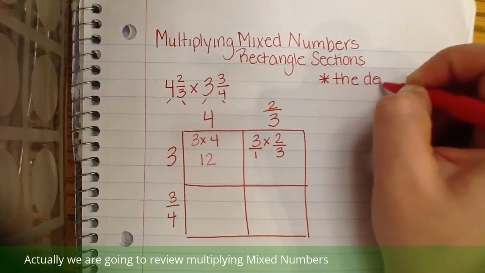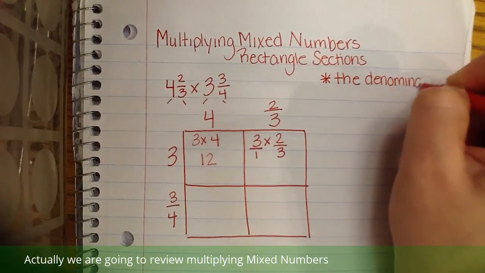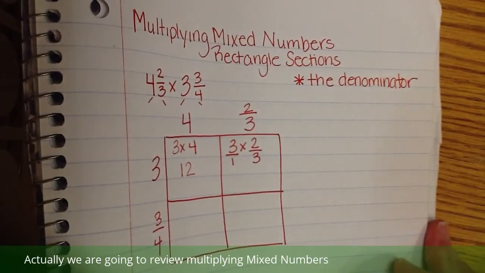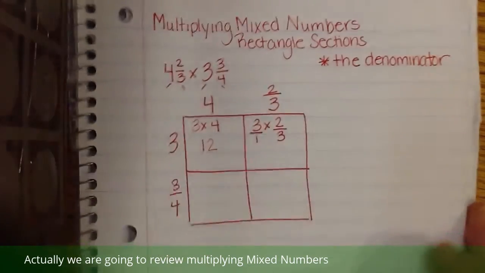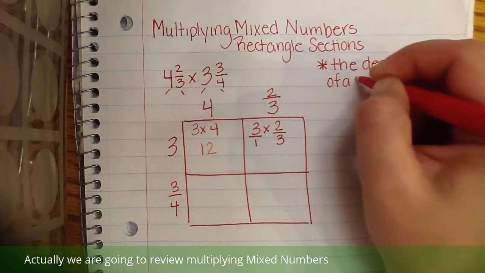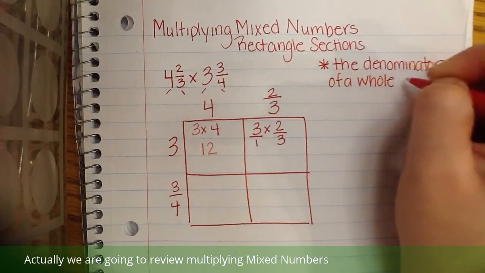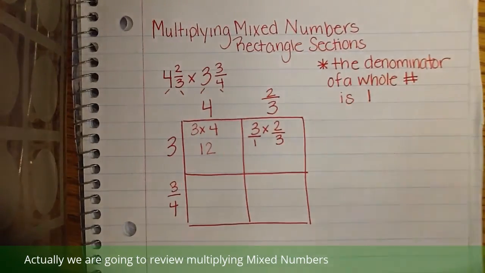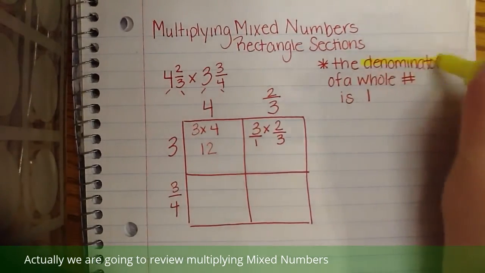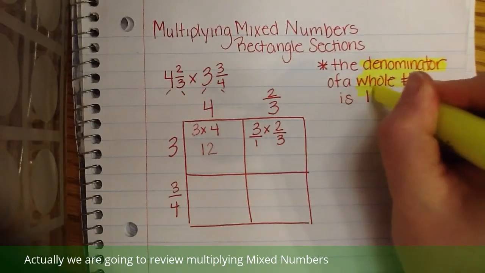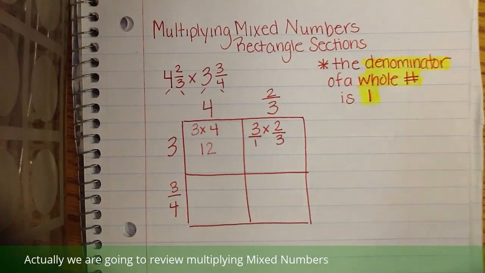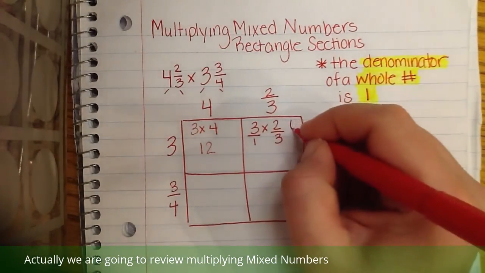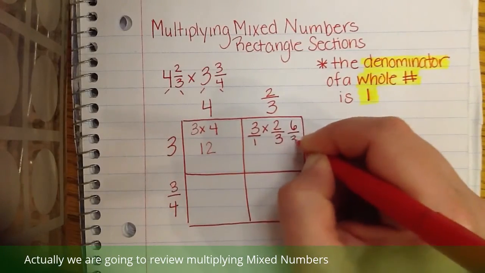The denominator of a whole number is 1 every time. So, all I have to do is 3 times 2 is 6. 1 times 3 is 3.